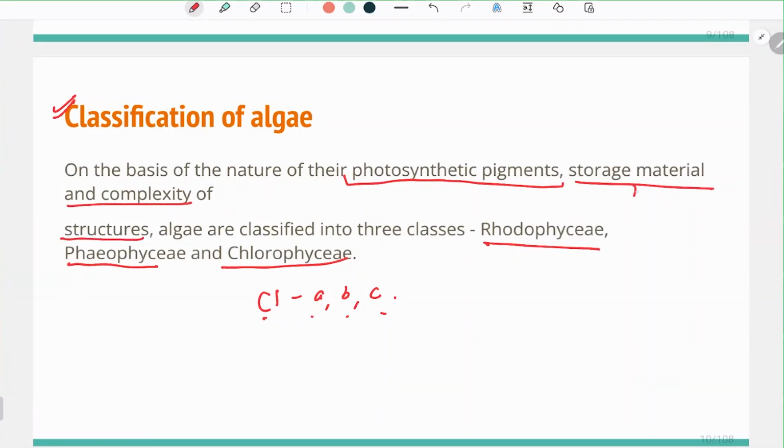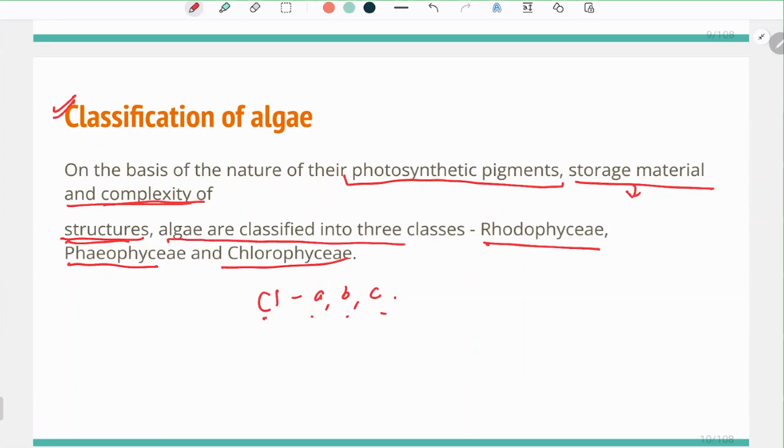Based on which chlorophyll is present, algae are divided further. There are other pigments present such as xanthophylls and carotenoids, and the type of inclusion bodies and stored food present in algae, on the basis of which they are further divided. Also the complexity of structure, that is the morphological character.